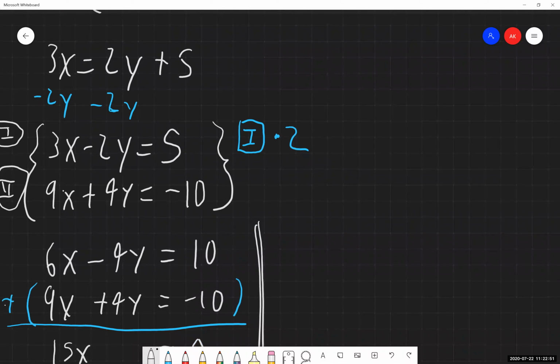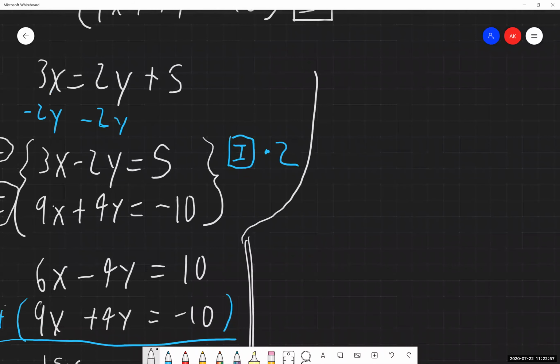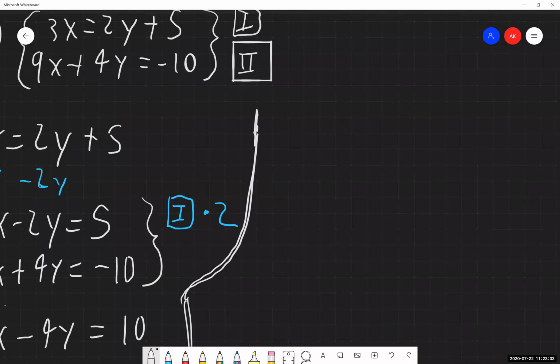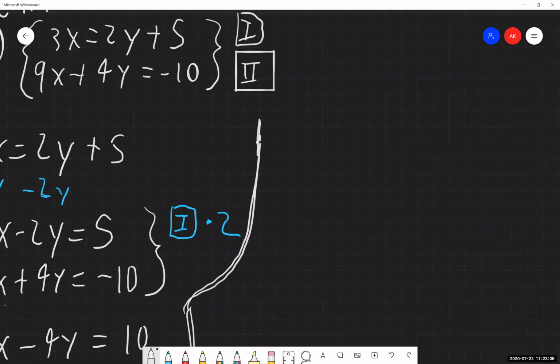So I'm going to choose, why not? I'll choose the second equation. Just moving us back up here. So I'm going to use the second equation to find my y value. So again, write out the equation first. We've got 9x plus 4y is equal to negative 10.